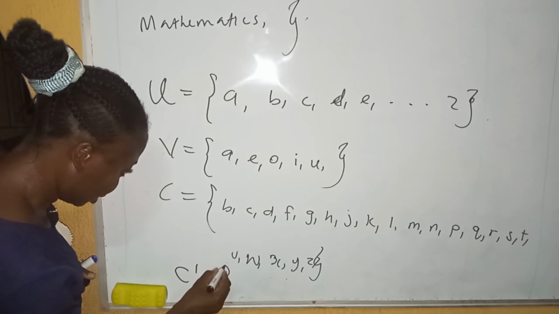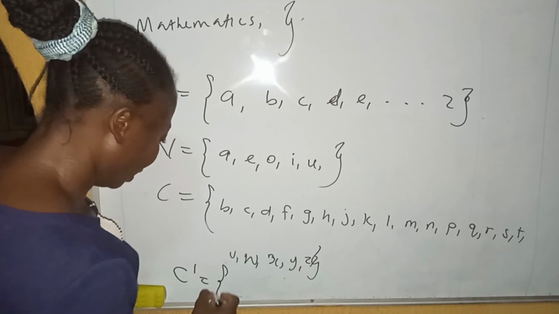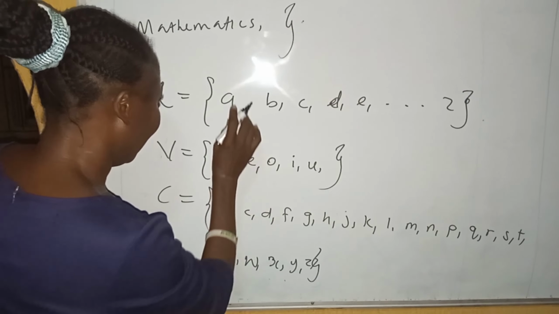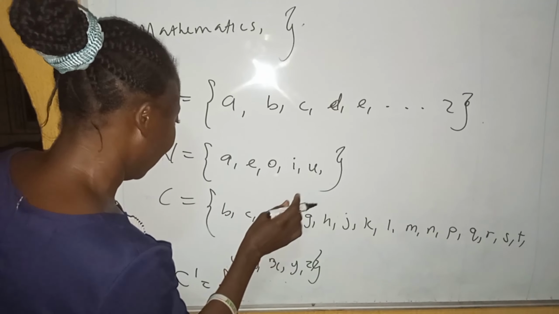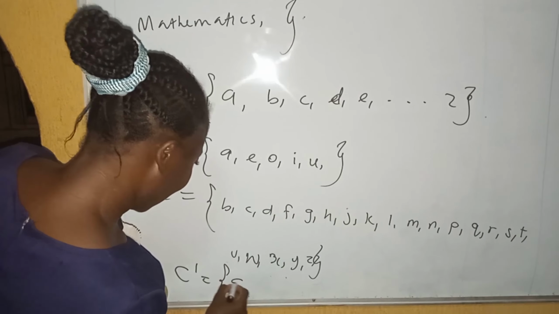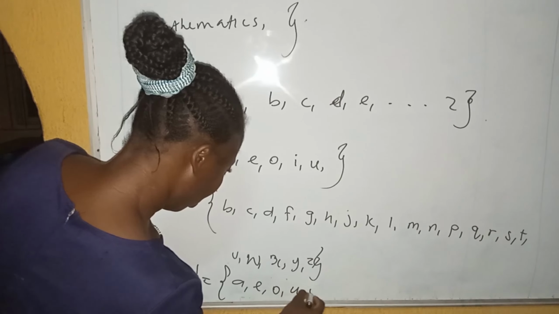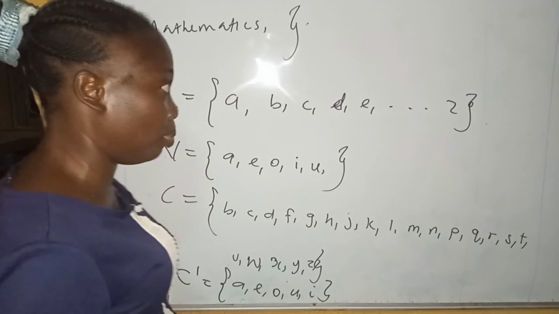C complement is all the elements in the universal set that are not in C, which are A, E, I, O, U. That's C complement.